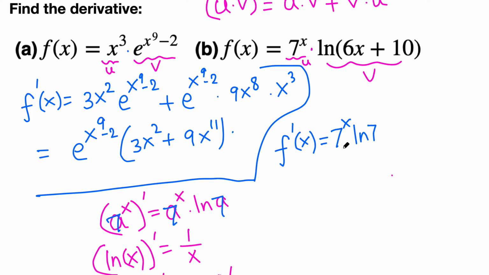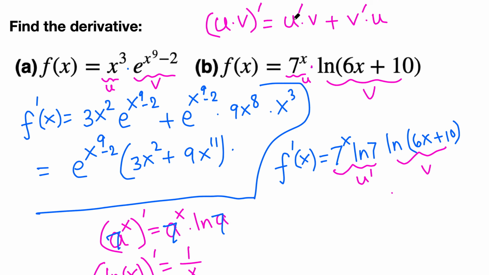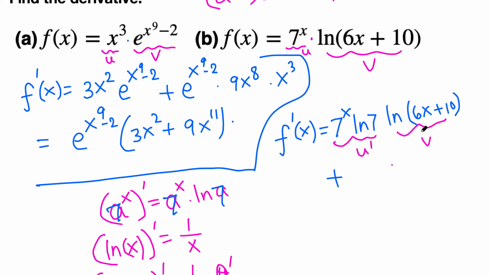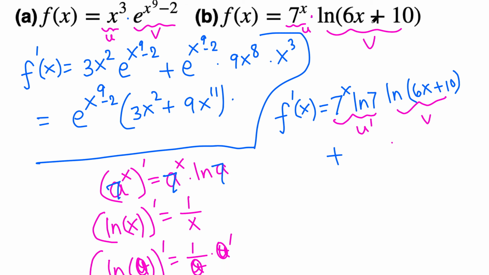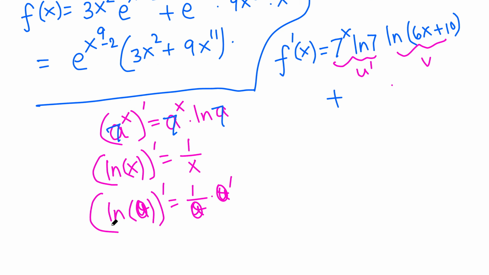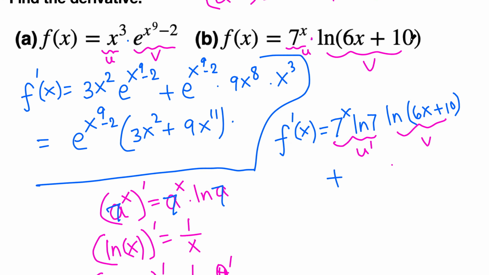Derivative of first factor times leave second alone. Okay, what I did was, this is u prime times v. Look at this product rule, u prime times v plus v prime times u. Now v prime means derivative of ln of 6x plus 10.